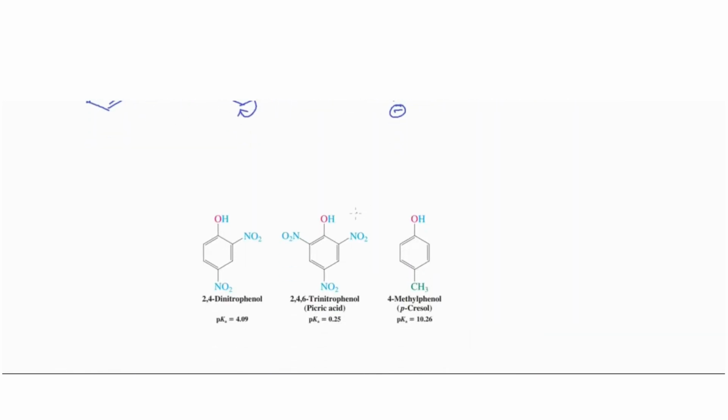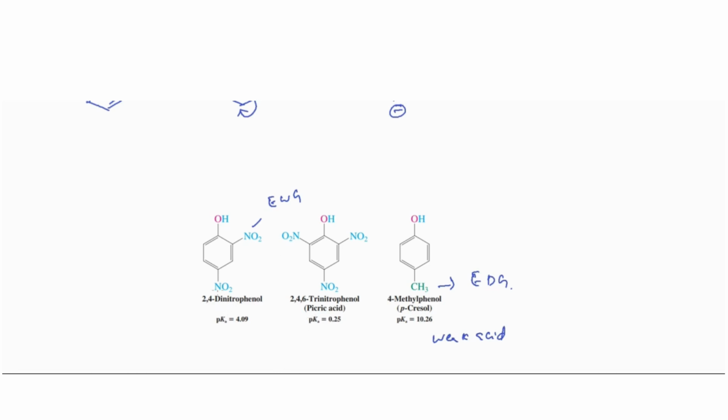Nitro groups are electron withdrawing groups, and the methyl group is an electron donating group. A higher pK value means a weak acid, and a lower pK value means a strong acid.